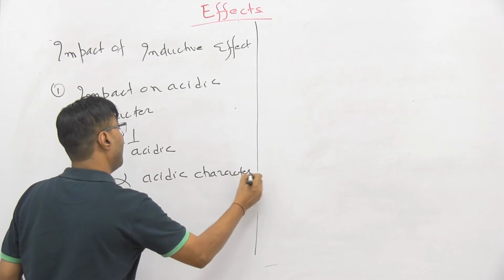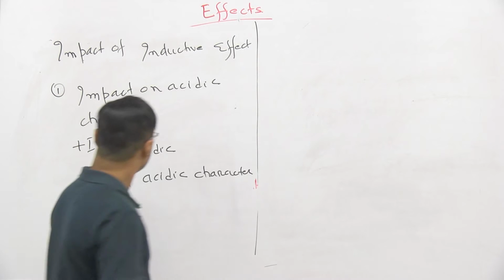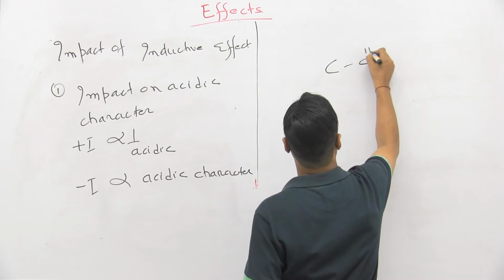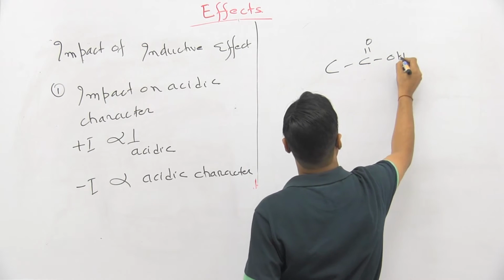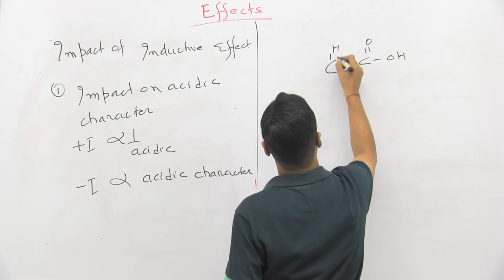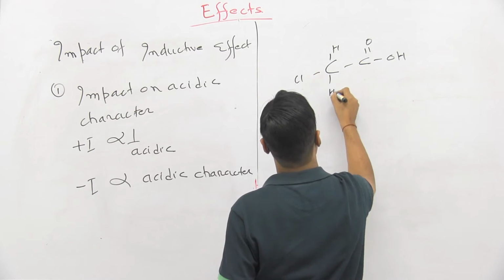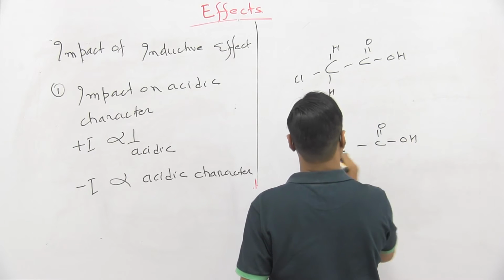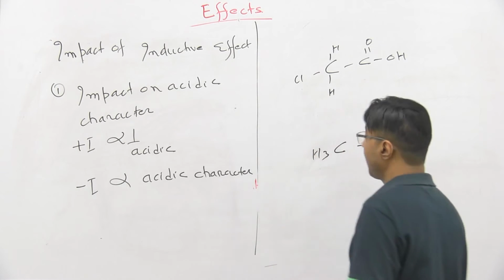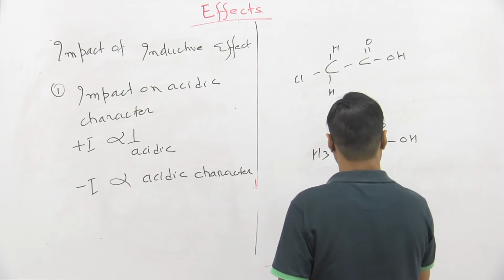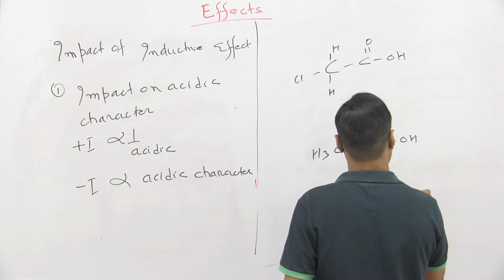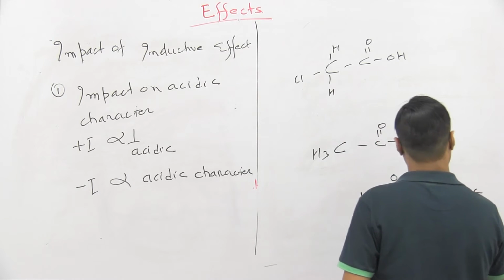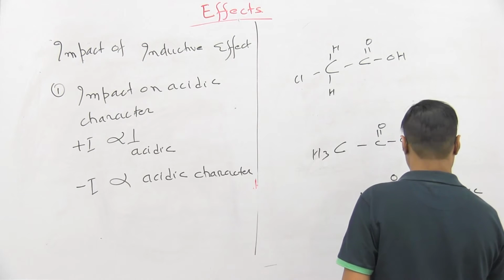And how is it? Suppose this compound is there, C double bond O, single bond OH, with H, Cl and H. We are comparing it with C double bond O, OH, CH3, and with formic acid, or methanoic acid.